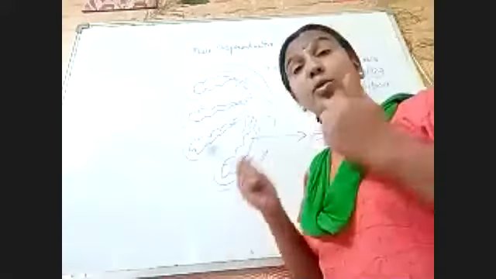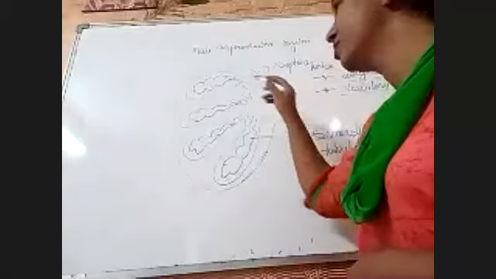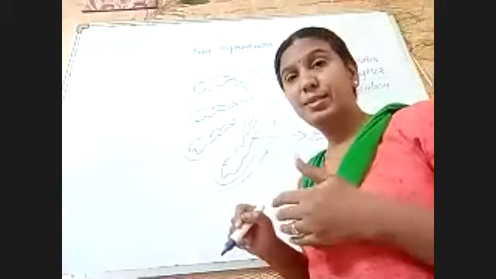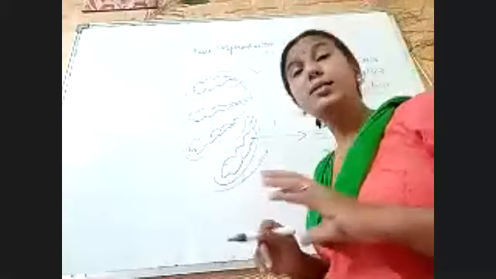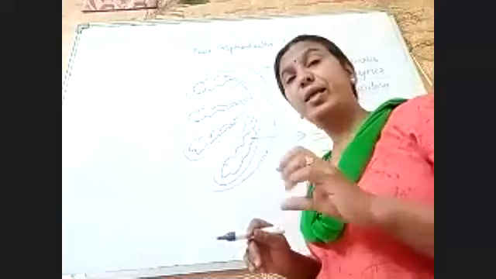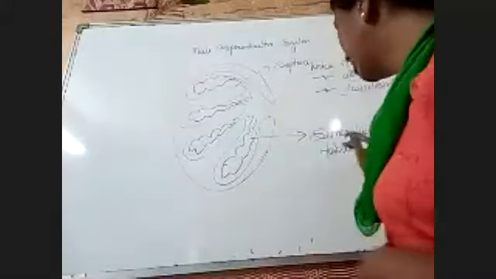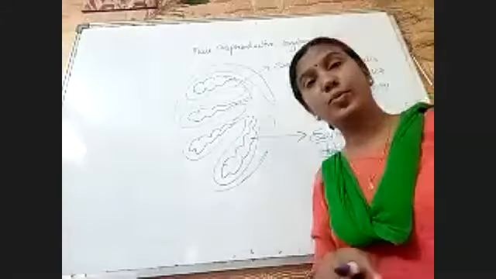When we remove all these layers, we will see that the space is divided into so many parts due to the septum. In each part, we will see the lobulated structure. That lobulated structure is called seminiferous tubules.